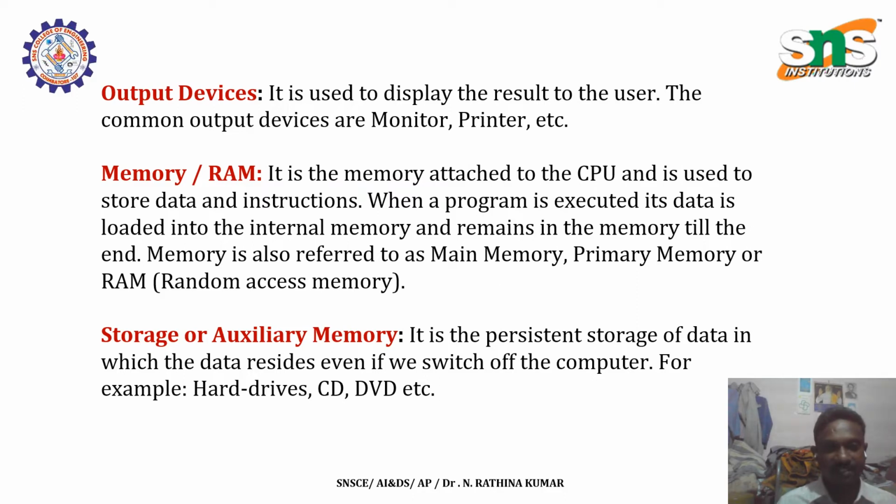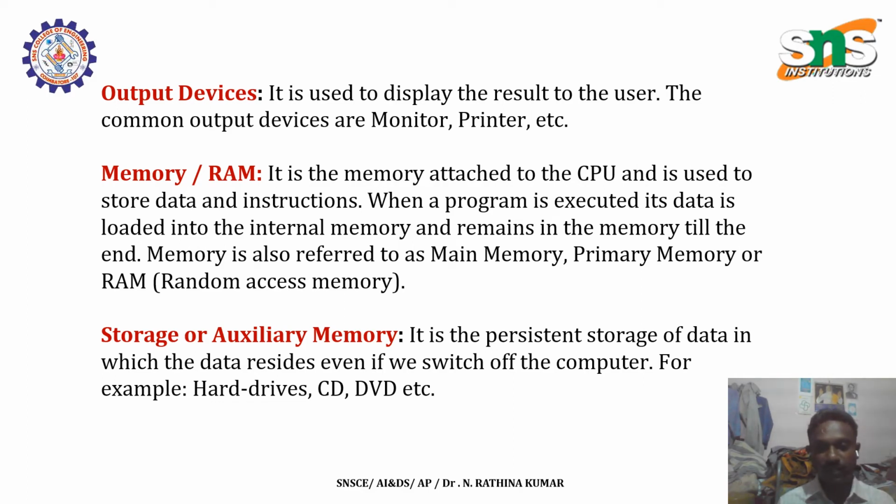The next one is memory. In general, memory is classified into 2 types: primary memory and secondary memory. RAM is also called main memory. The storage or auxiliary memory is also called secondary storage devices. So what is the major difference between these two? As we all know very well, primary memory or RAM is very limited in size.